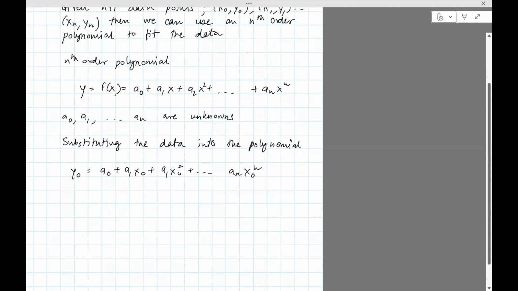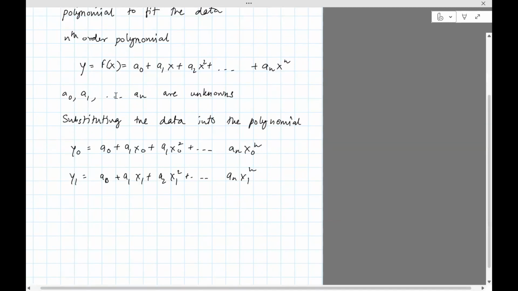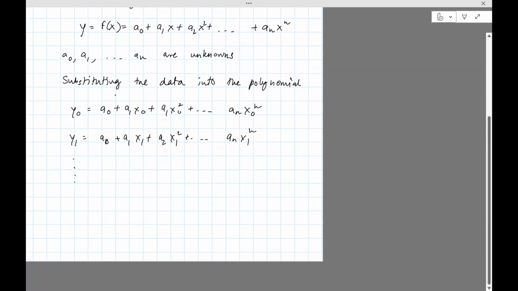So that would be the first point. Then we have y1 equals a0 plus a1x1 plus a2x1 squared plus so on an x1 to the n. So get the idea. You keep doing that till you reach yn equals a0 plus a1xn plus a2xn squared plus so on an xn to the n.